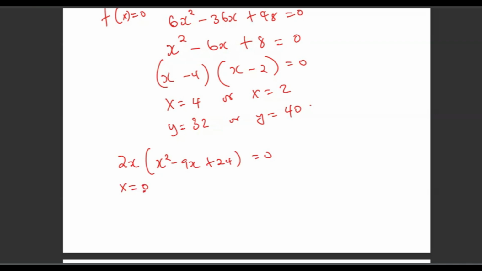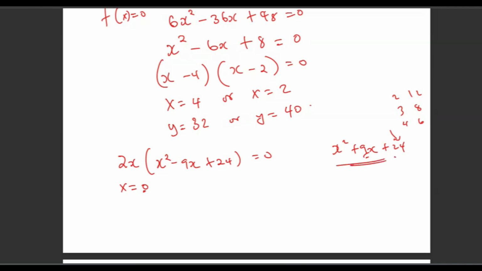And then when I try to solve x squared minus 9x plus 24, which numbers are going to give me 24? We have 2 and 12, 3 and 8, 4 and 6, but nothing gives me a 9. So which means there are no factors here.